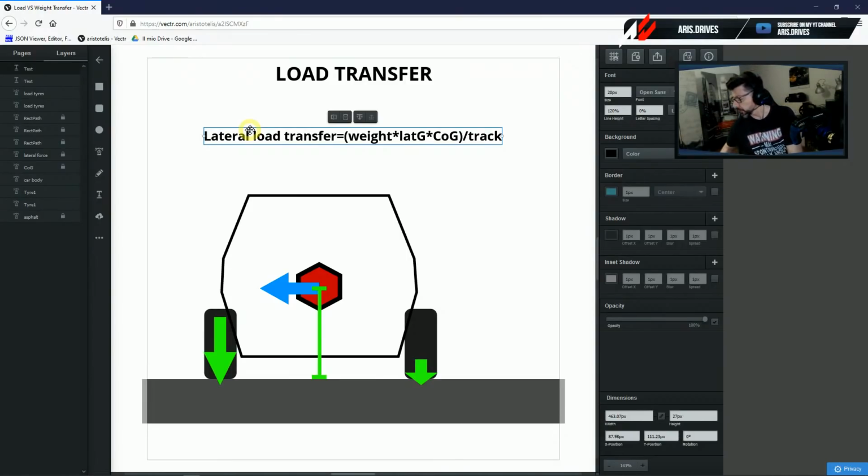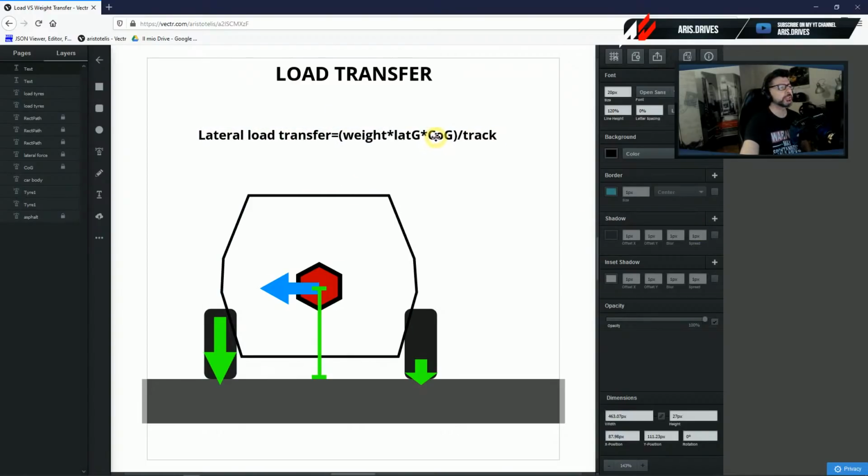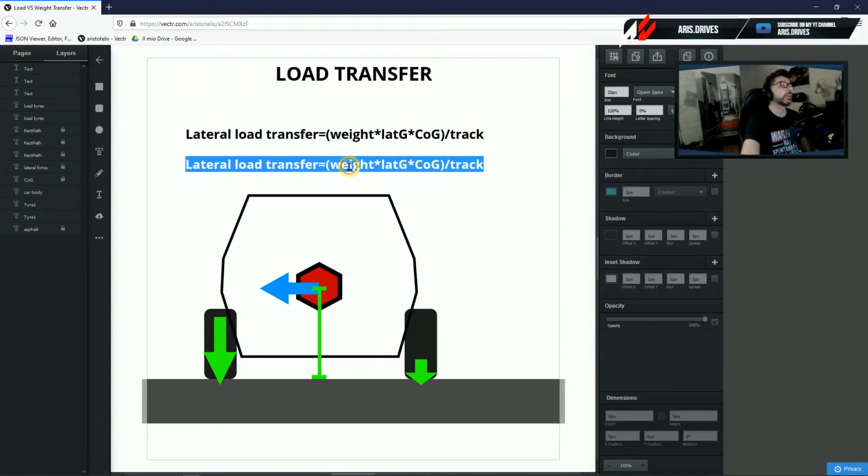Since we have this equation, as you can see, it's pretty simple. The first thing we want to do is take our variables and put proper numbers into it. Weight, we said, is around 1,500 kilos.